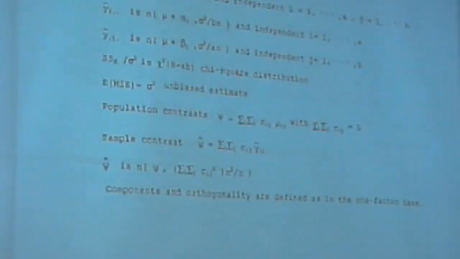Now, let's take this constant and move it to the other side. Let's move it into the denominator down here, and we're looking at the expected value of sum of squares error divided by those degrees of freedom, which is mean square error.